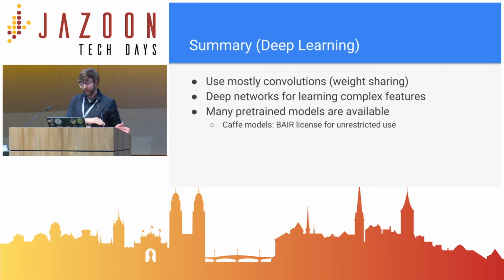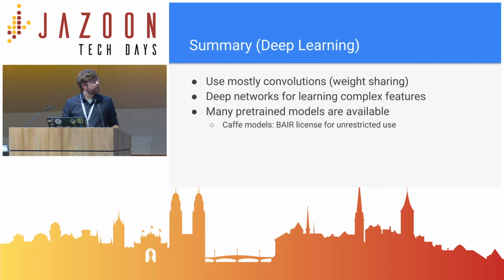So the summary of this deep learning introduction is that because of the weight sharing, we should use mostly convolutional layers. These convolutional layers act like filters, and the deeper the networks go, the more complex features these filters detect. They start with edge detectors, then shapes, and then eyes and cities and what we've seen before.